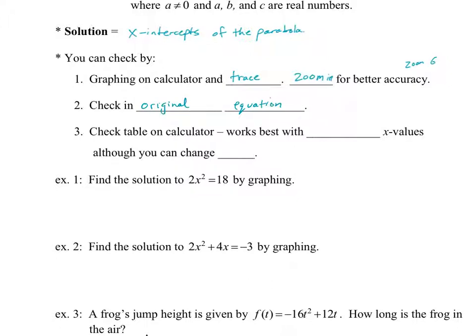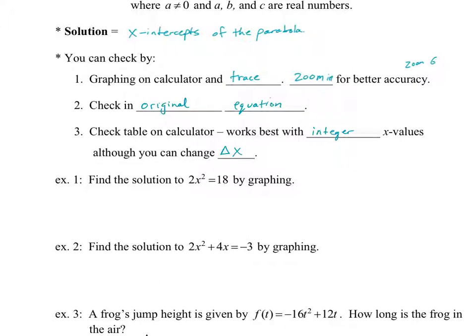That works really well, as long as you have integer x values. It doesn't work as well if the x-intercepts are like 4.2 or 8.7 or something like that. You can, though, change the delta x. The default is set so that the x values go up by 1.